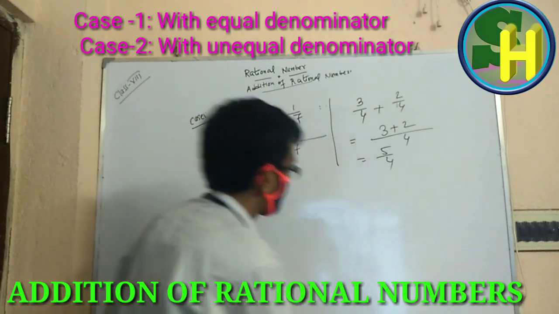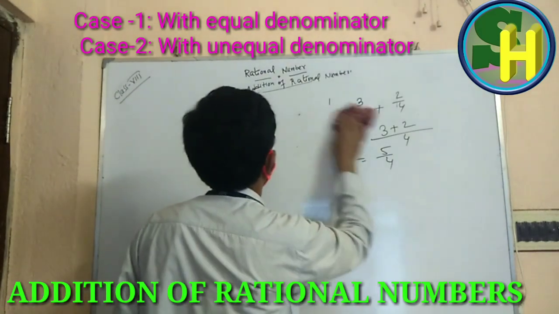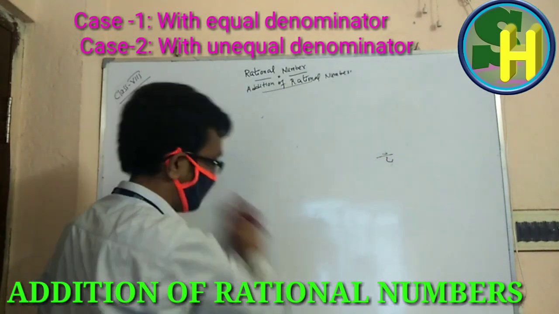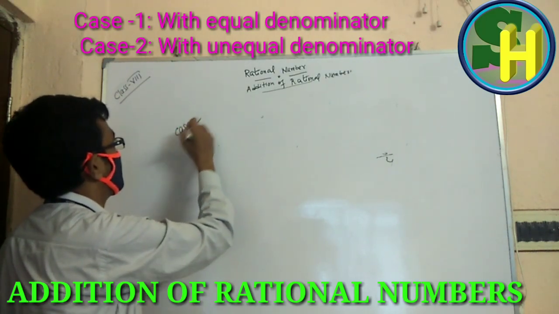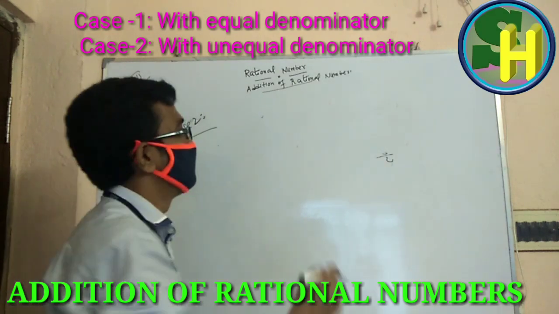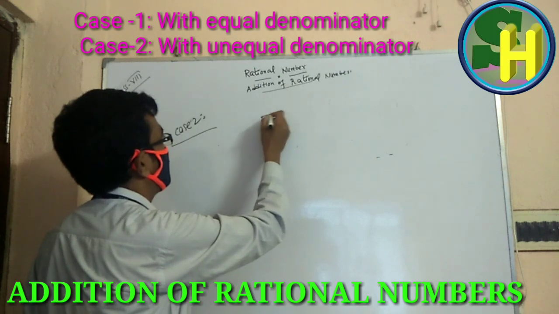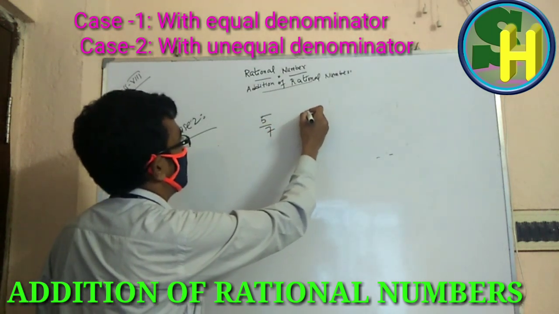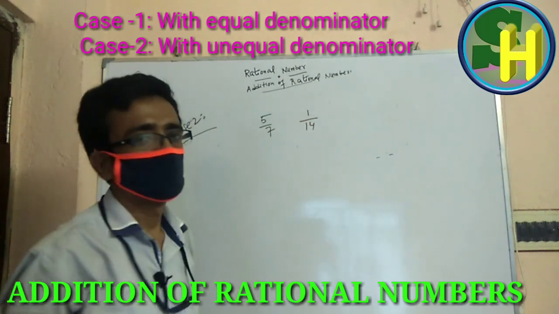Second case. In the second case, the rational numbers have unequal denominators. Take an example: 5 by 7 and 1 by 14.